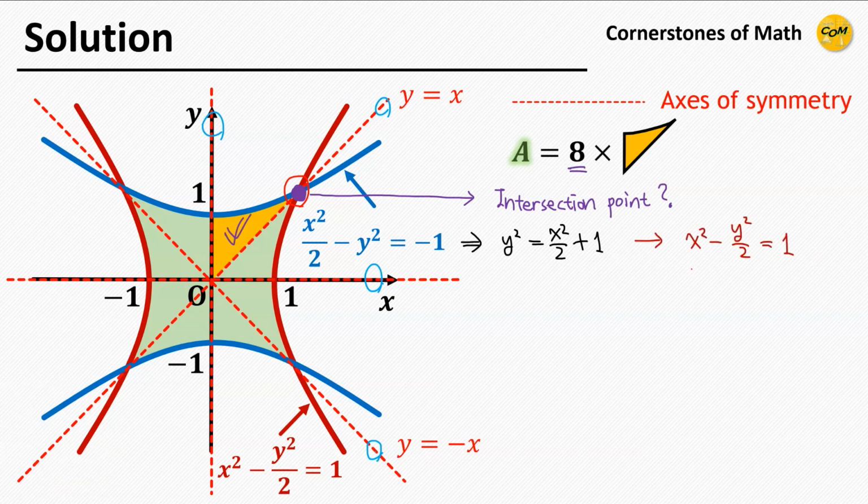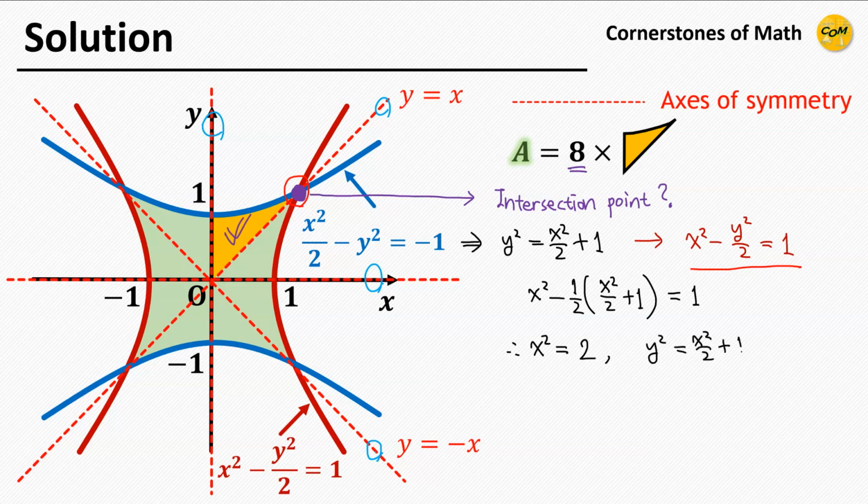Substituting this into the equation of the other hyperbola, x squared minus y squared over 2 equals 1, we have x squared minus 1/2 times (x squared over 2 plus 1) equals 1. You can easily solve this for x squared to obtain that x squared equals 2, which gives y squared equals x squared over 2 plus 1, so 2. Therefore, the intersection point on the first quadrant is (square root of 2, square root of 2).